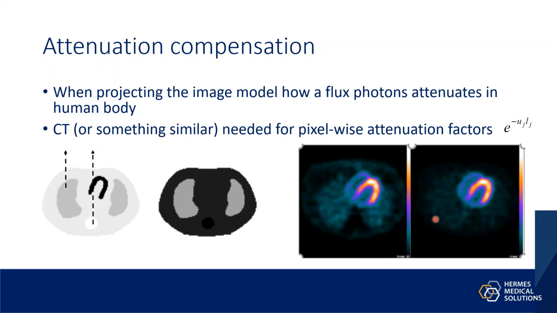But when we model the attenuation, our reconstruction algorithm knows that there is lower attenuation in here, and I will put less activity there, because the difference in the projection counts is due to the different attenuation factors.